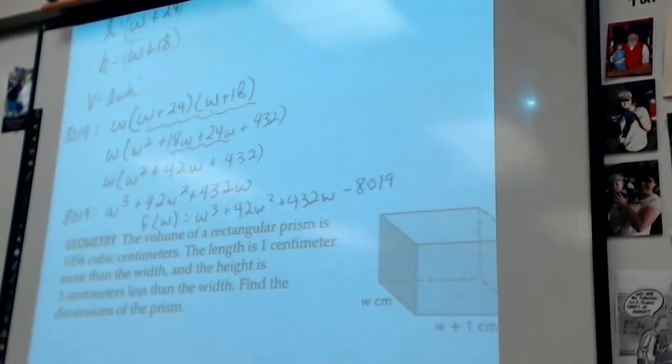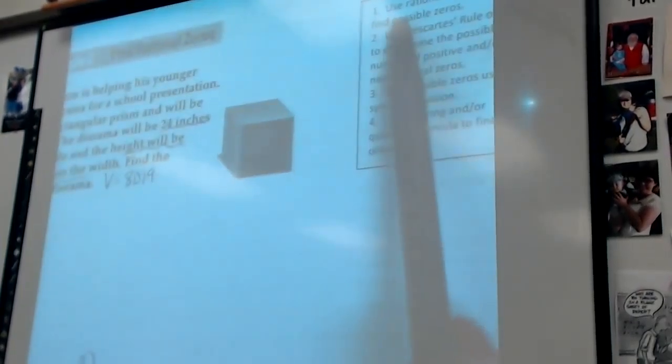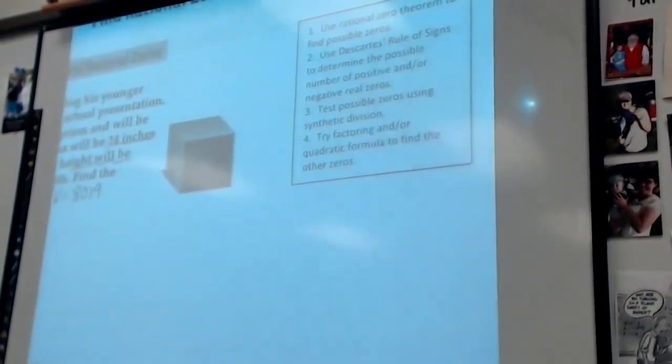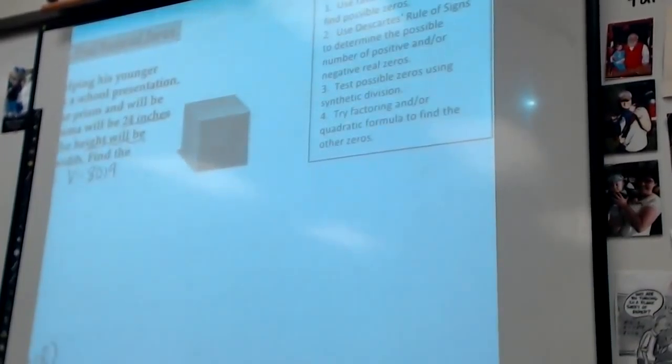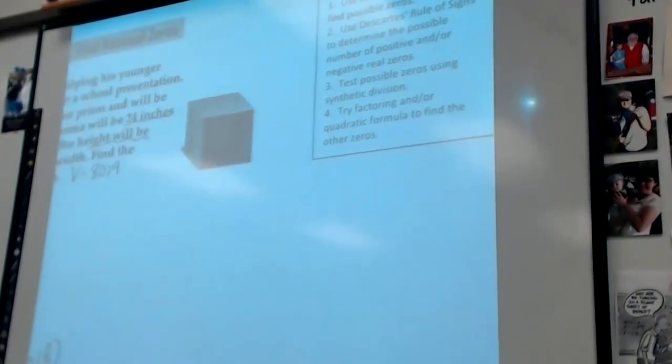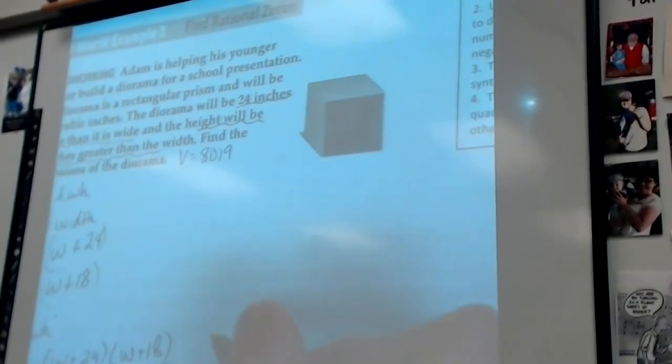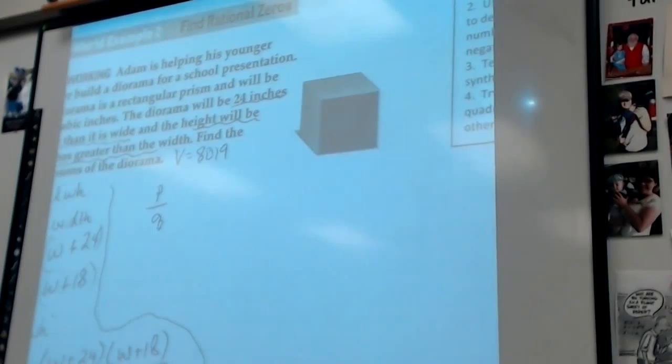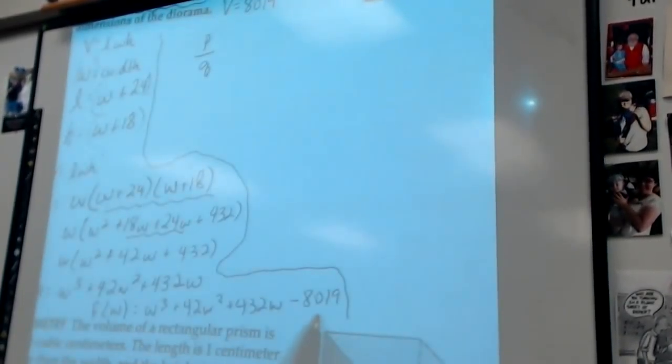Okay? So, what I'm going to do now is use the rational zero theorem to find the possible zeros. The rational zero theorem is what we just talked about on the page before, where we do P over Q. You're going to have to write small or you'll end up having to use another sheet of paper. All right, so what's my P? 8,019.